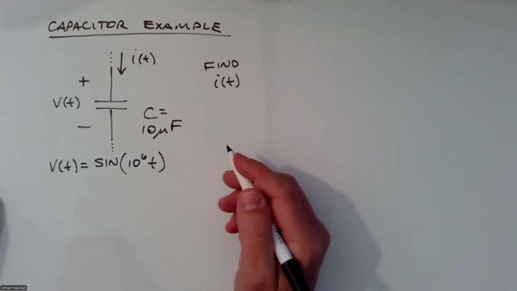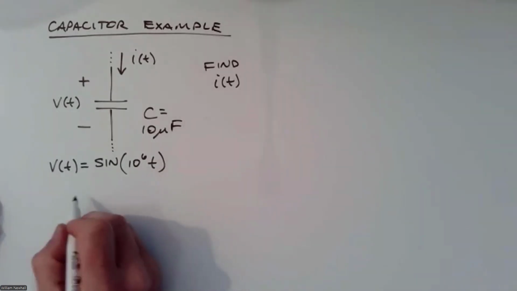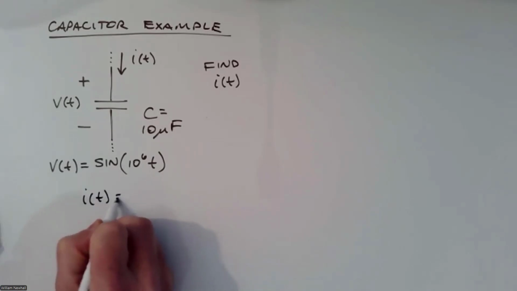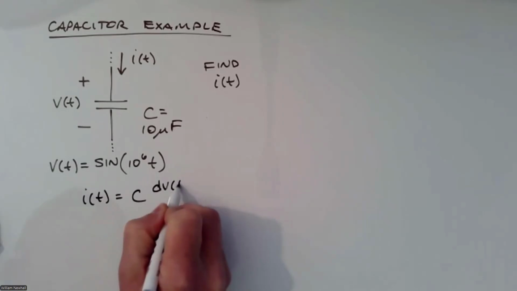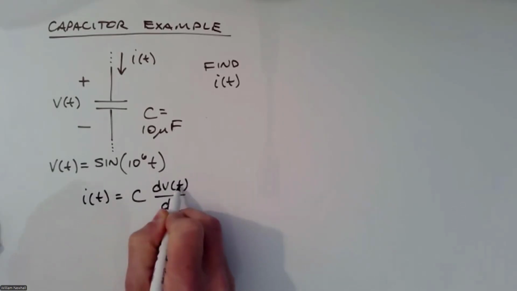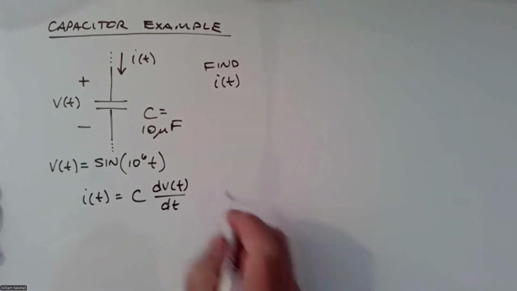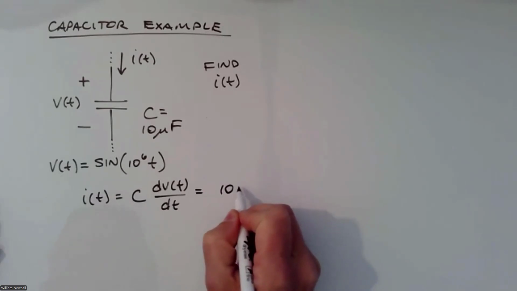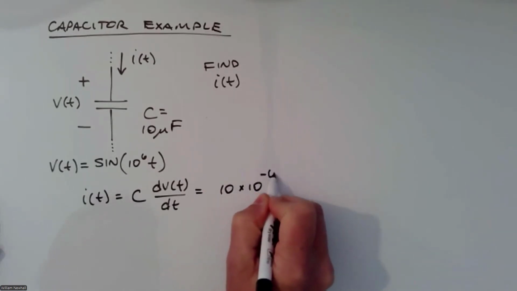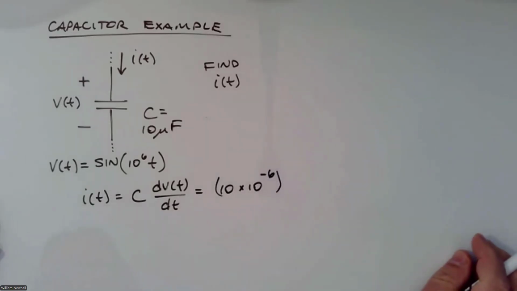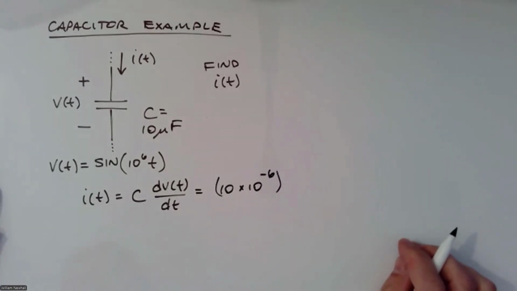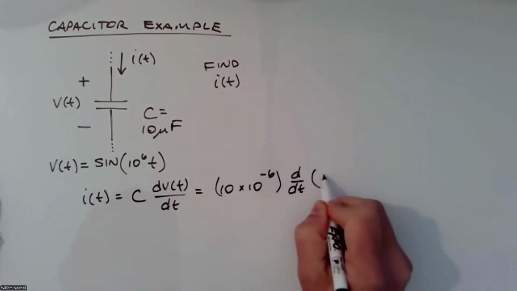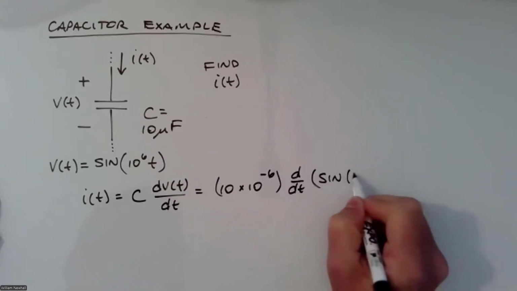And so let's calculate this. So the relationship between current and voltage for a capacitor is I of t equals C dV/dt. So that equals C, which is 10 microfarads, 10 times 10 to the negative sixth, times the derivative of sine 10 to the sixth t.